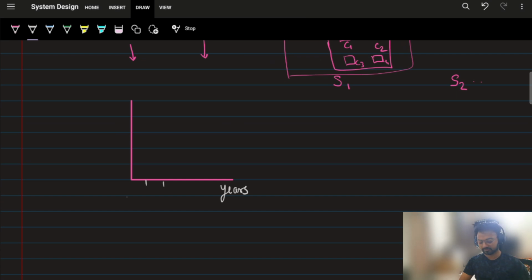If you have a unit of a core in year one, then by the time you reach the next year, it is going to be doubled. When you reach the following year, your number of transistors doubles again.